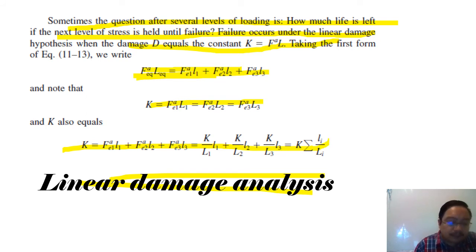Let me explain with a simple analogy. Let's say your car has to be serviced and the time for service is up, but you don't service it yet because you have to use the car.